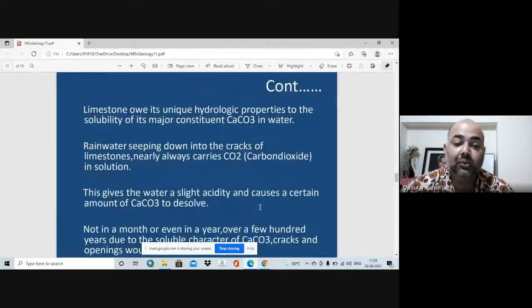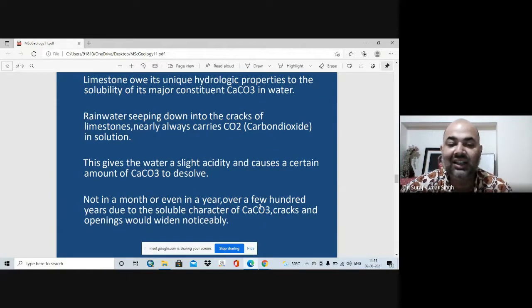So limestone owes its unique hydrological property to the solubility of its major constituent, CaCO3, in water. Rainwater seeping down into the cracks of the limestone carries CO2, carbon dioxide, into solution, and this gives the water a slight acidity and causes a certain amount of CaCO3 to dissolve.